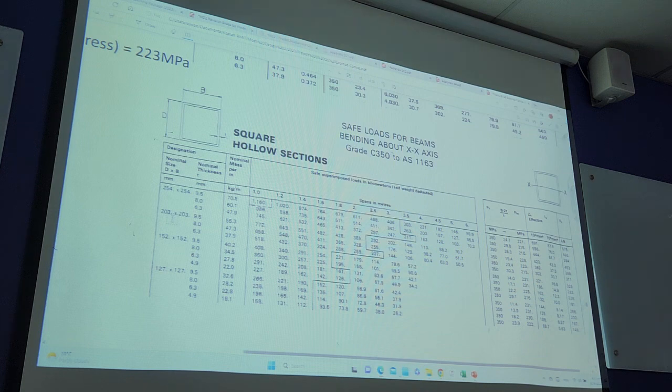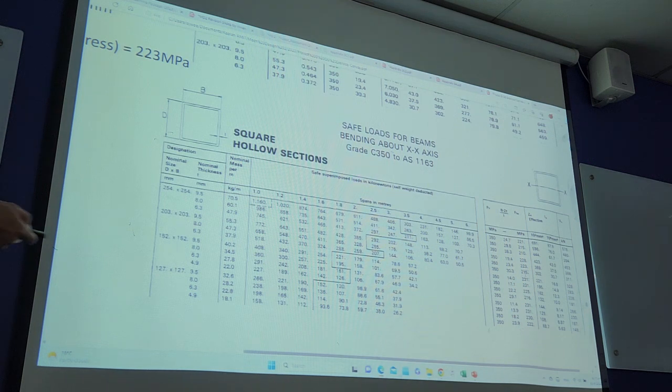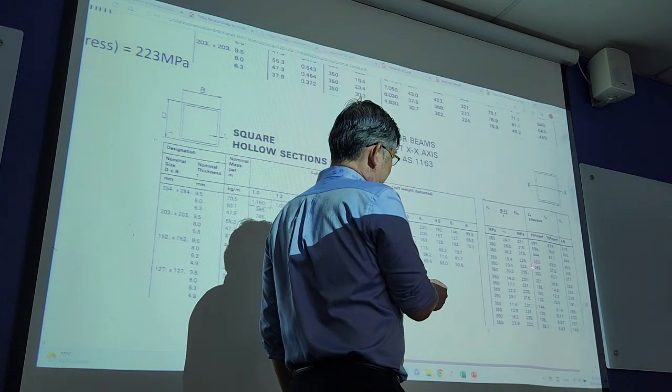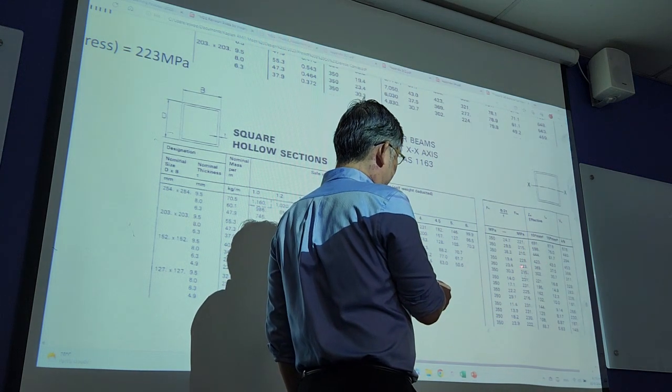Now we look at the 203 dimension, 203 times 203, nominal thickness 8 mm. Draw a line here, then you can see the compressive bending stress, 223. This is important because if you cannot find this, you will be stuck.